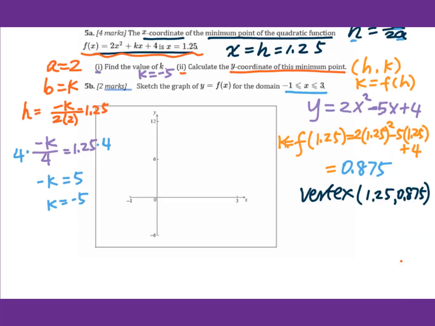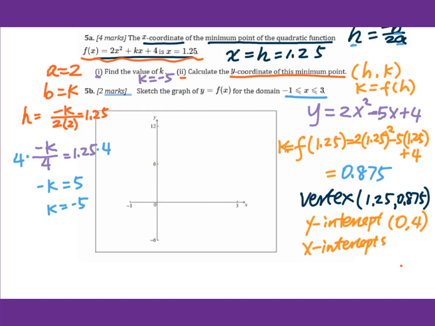Then ask you sketch the graph of y equals f of x for the domain negative 1 to this 3. You need to figure out the key points, and we know the y-intercept, that is 0, 4. Check x-intercept from a graphing calculator. You will find no x-intercept.